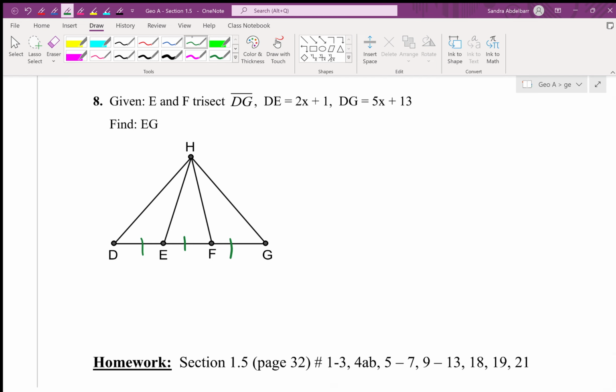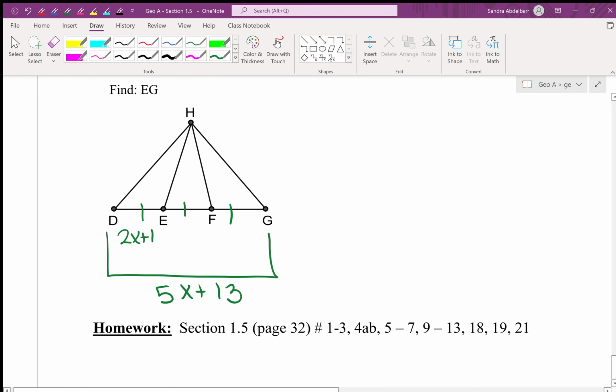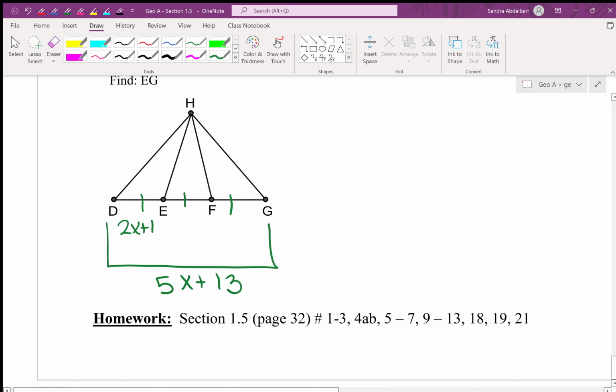We're told that DE is 2x plus 1. And now look how I'm marking this. D to G is 5x plus 13. Find EG. I need an equation to solve for x. Mariana?